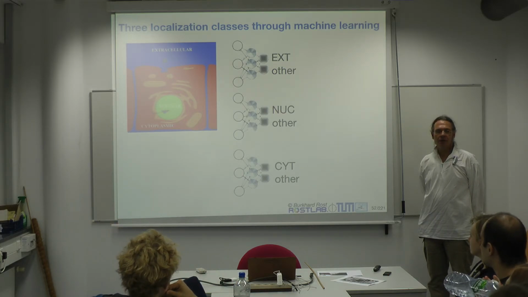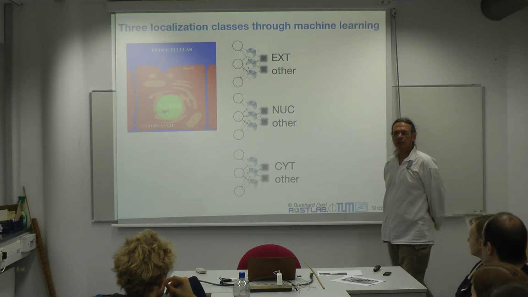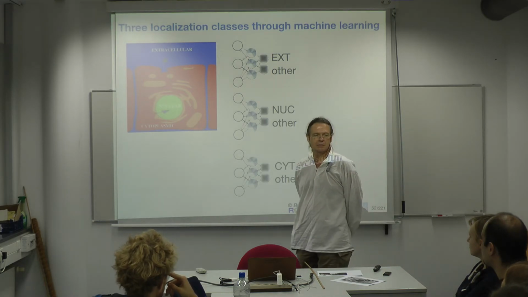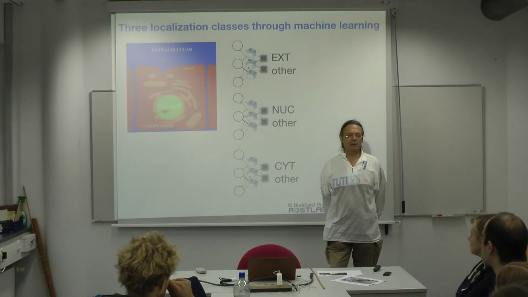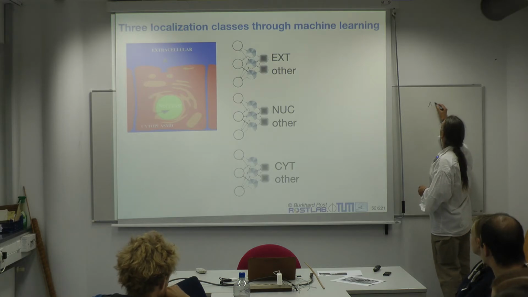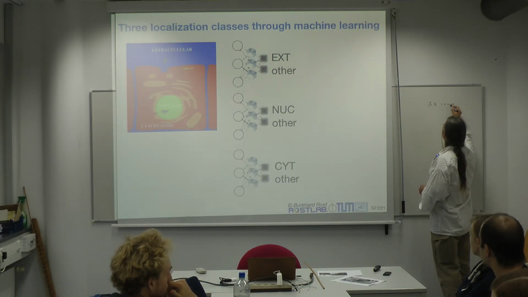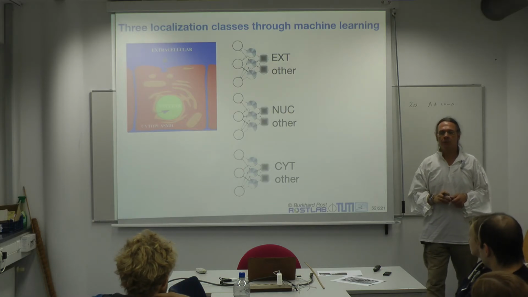The number is not necessarily 3. Any idea what you can use to predict sub-cellular localization? Composition. I mean, as a composition. This would be 20 input units. What else?